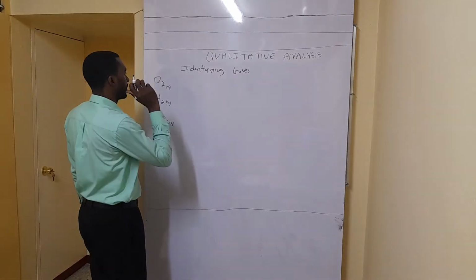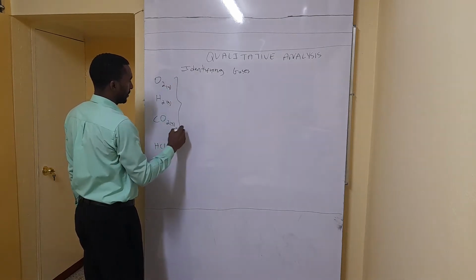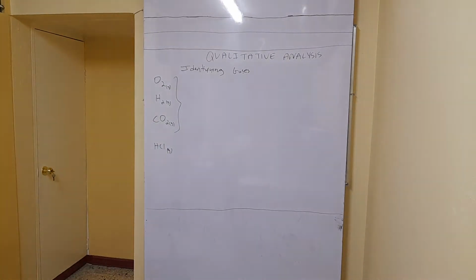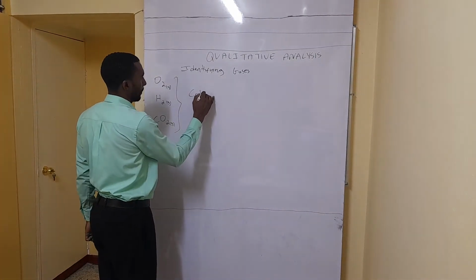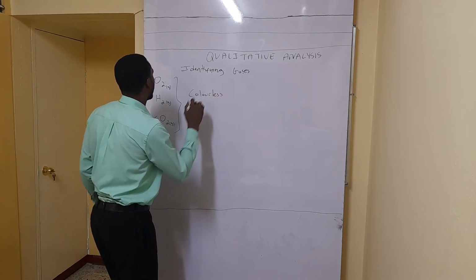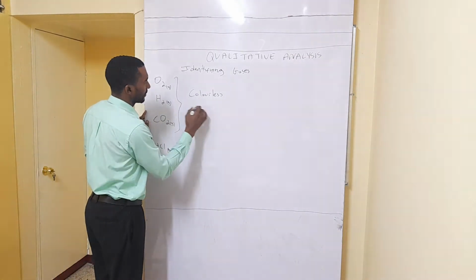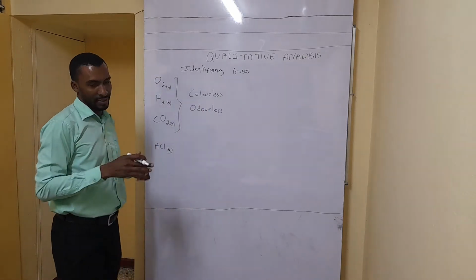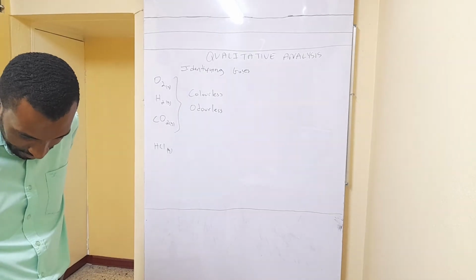These three gases, oxygen, hydrogen and carbon dioxide, are colorless and odorless. We cannot see them and we cannot smell them.